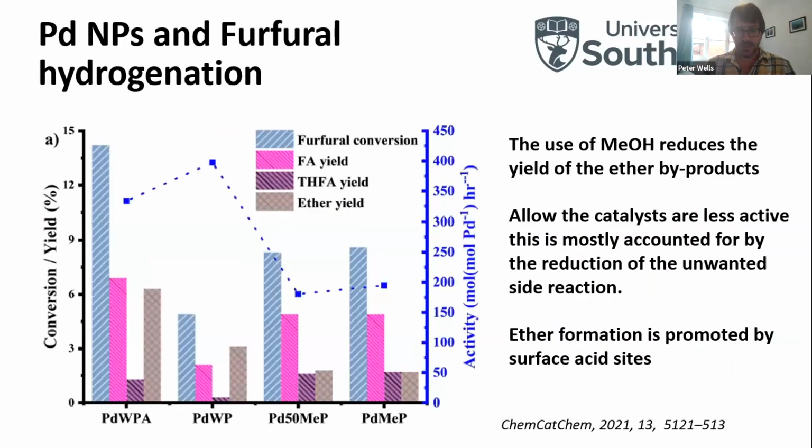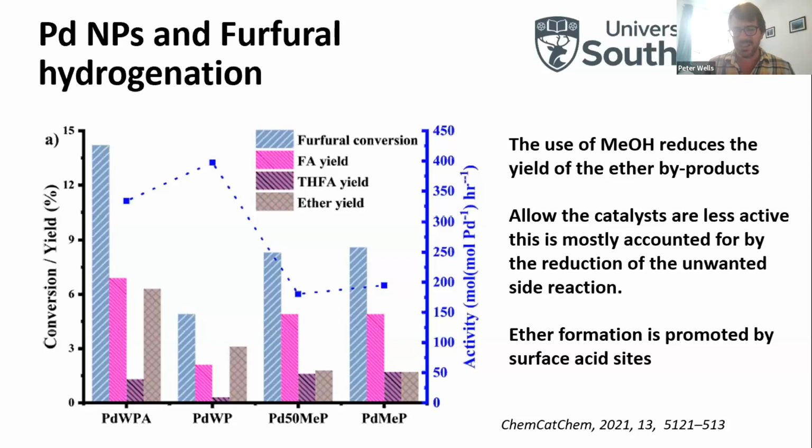So going back to George's work, we're again looking at furfural hydrogenation, and we compared his methanol catalyst without acidification to the water series material. When you look at the inherent conversion, on face value the conversion of the methanol catalyst looks less. But when you look more forensically, the yield of the products we want is broadly similar, but we're suppressing the byproducts.